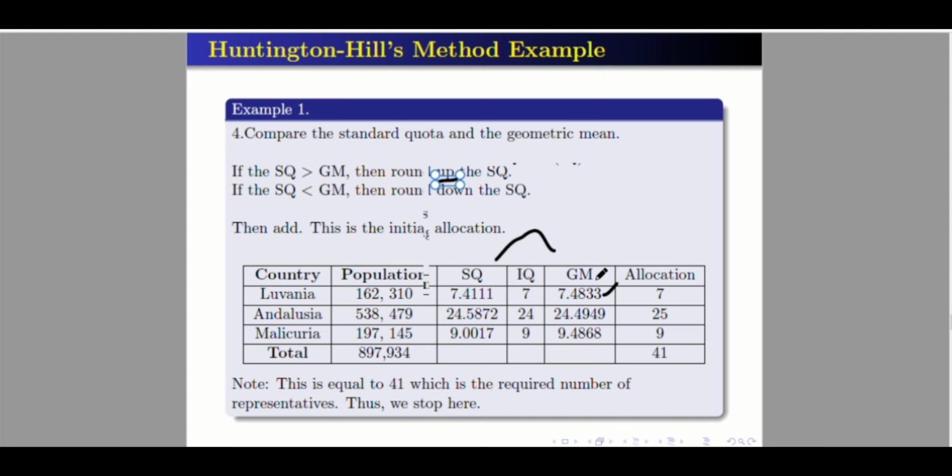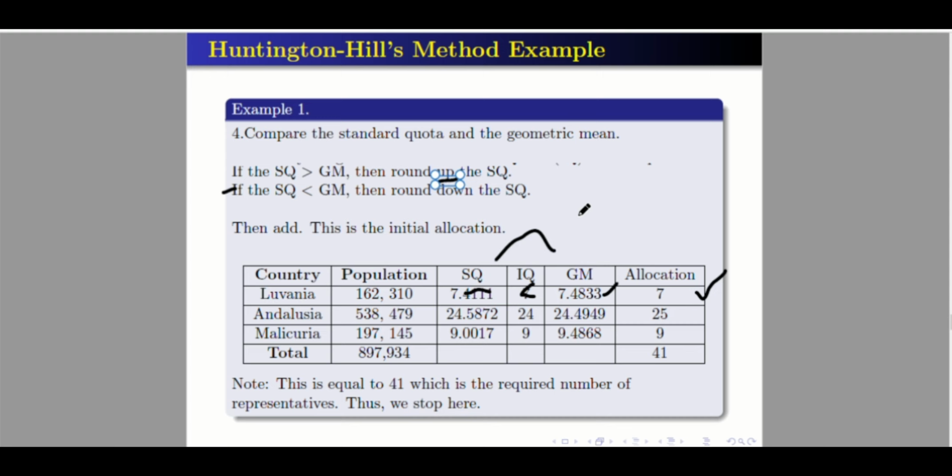Because GM, the geometric mean is larger, so the relationship of the two is less than. So we follow the second statement. So we will round down the SQ. Since this is 7.4, if we round this down, we'll just have 7. Okay, round down, meaning it's an integer, round to the previous integer. So when we say round down, you can just delete the decimal places.